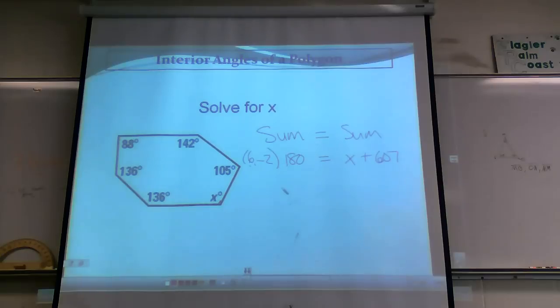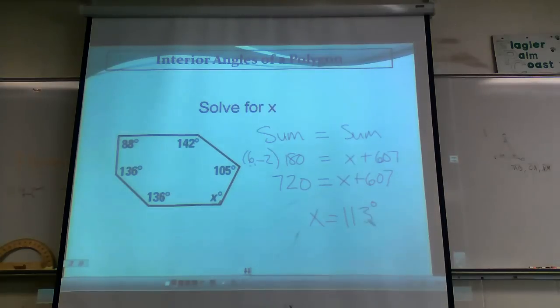Four times 180. What is it? 720. And then you would subtract it over to get X.